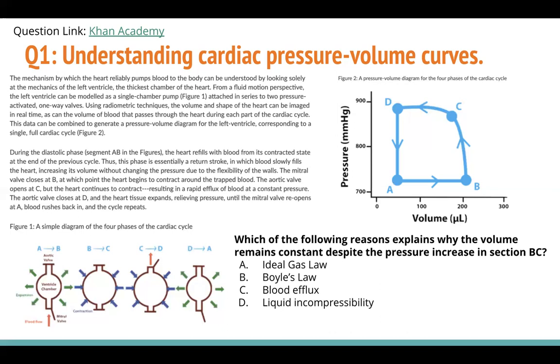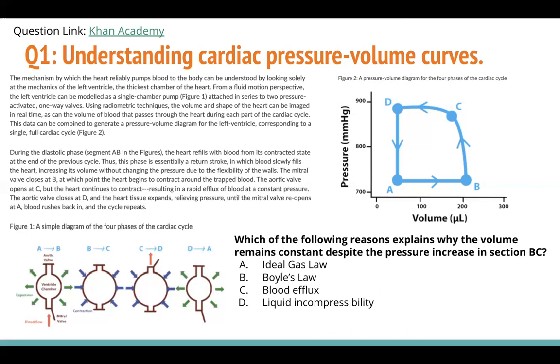In the second paragraph, they describe what is happening in each of the images in the diagram. In the first image, as the heart is filling with blood, it expands. In the second image, the mitral valve, the valve at the bottom, closes.